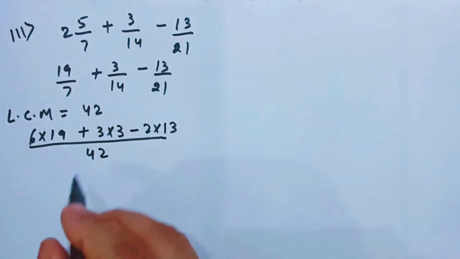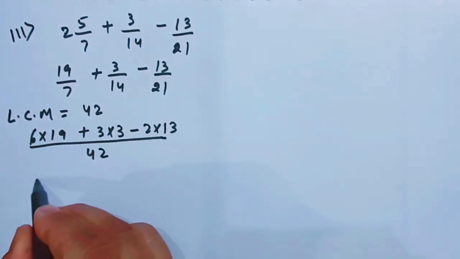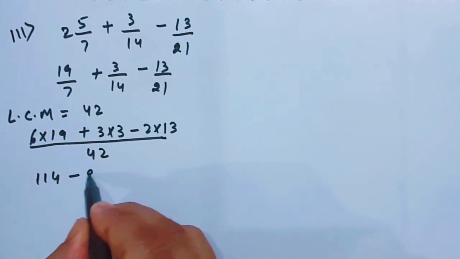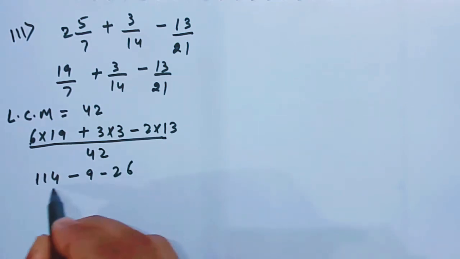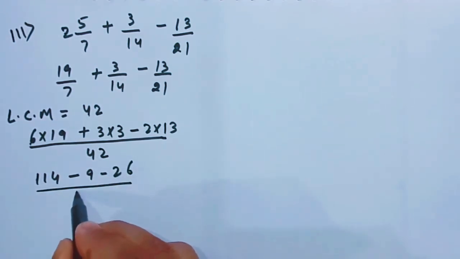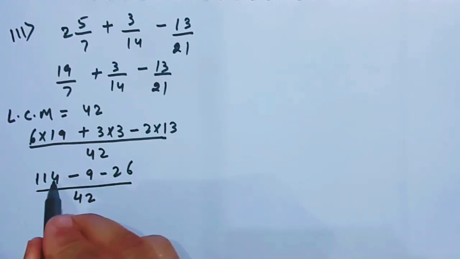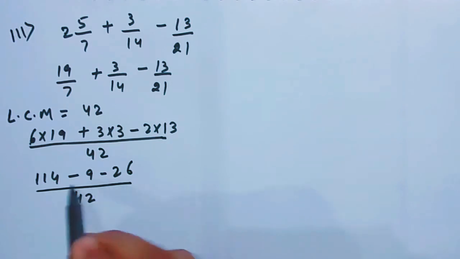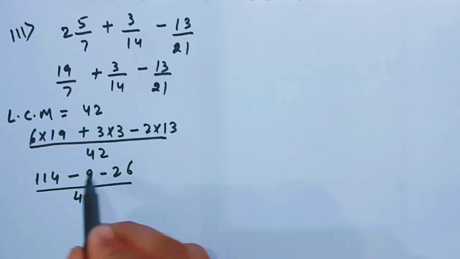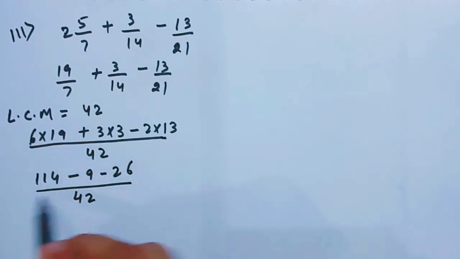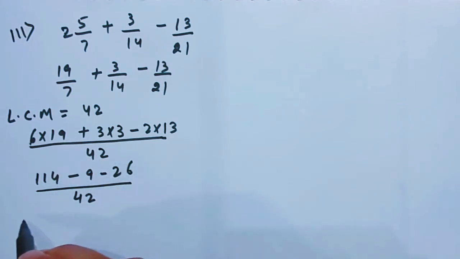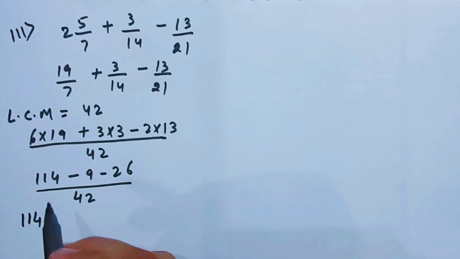So 6 into, come on, let's solve. 6 into 19 is equal to here 114 minus 9 minus 26 divided by how much? 42. So 14. See, these two negative signs should be added together. So whenever you get both addition and subtraction, first add all the positive numbers, and add all the negative numbers separately.